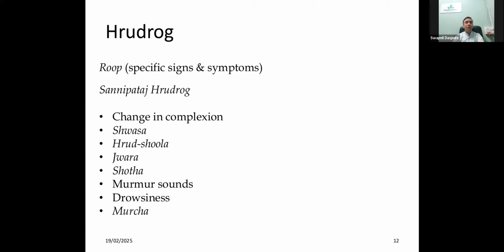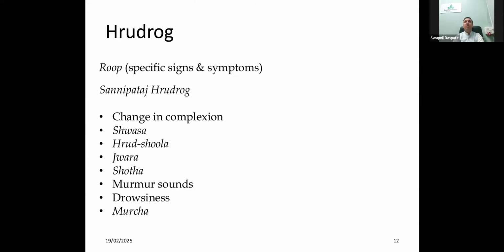The murmur sounds will be heard on auscultation with the stethoscope, and those will also reflect in the ECG and the 2D echo of the patient. Drowsiness is seen, murcha is seen in Sannipataja Hridroga.